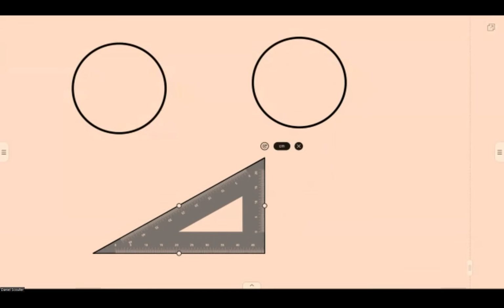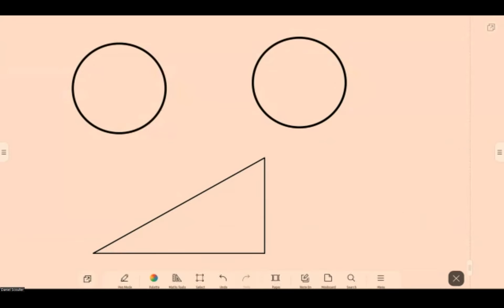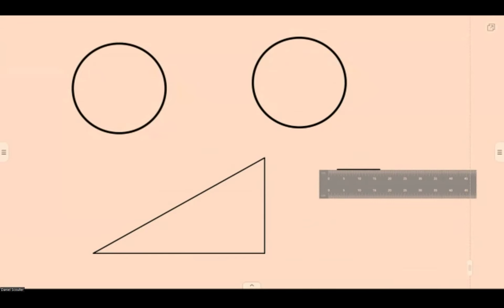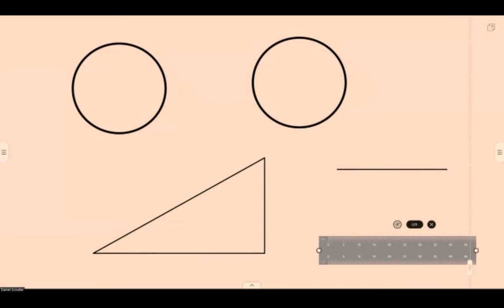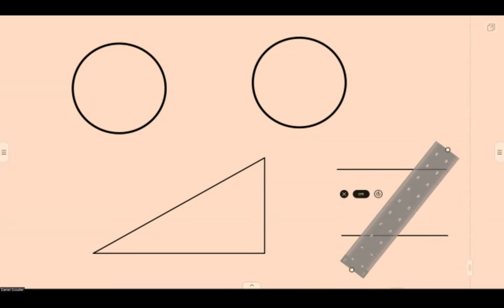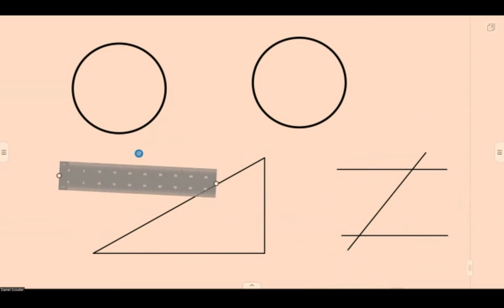These are all rules that hopefully you're familiar with. A couple to do with circles, a couple to do with parallel lines. So let's start with a circle.